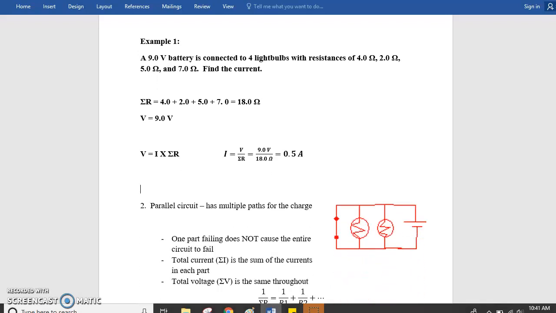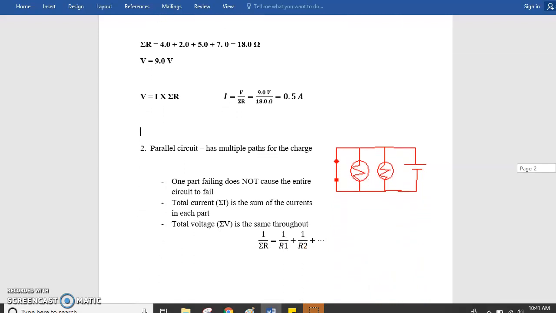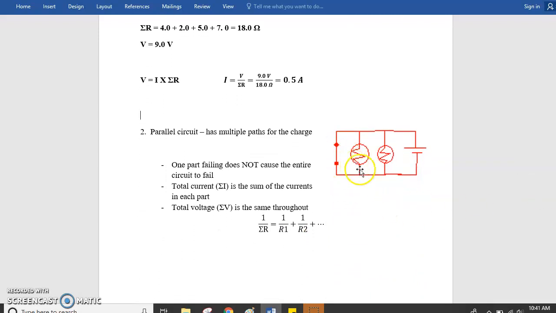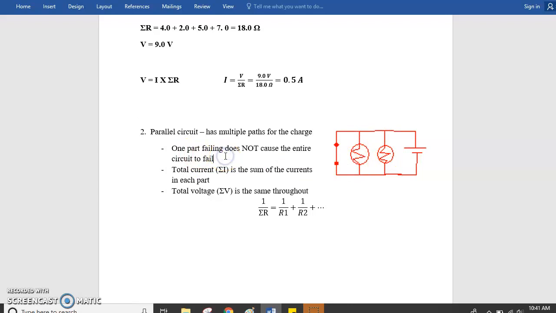Okay, the other option is what's called a parallel circuit. Parallel circuits look more like ladders, where each individual element is isolated on its own little branch. There's multiple ways for the charge to move through, and so if one of them burns out, the rest of them are still fine. One part failing doesn't cause the entire circuit to fail. The total current would be the sum of the currents traveling through each branch, and the total voltage is the same throughout, whatever the voltage the batteries give you.